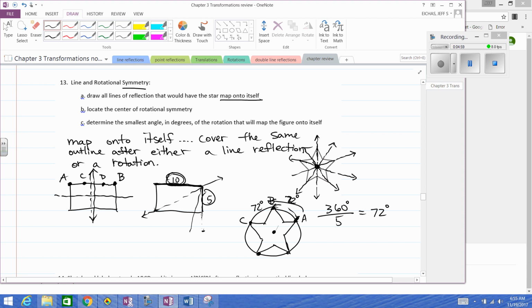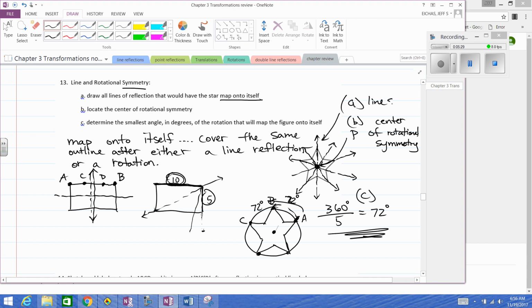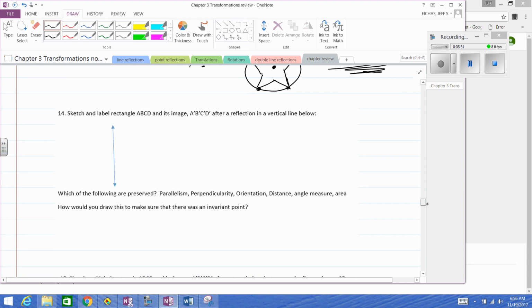That, of course, is going to be the center for your rotational symmetry, and we took care of the smallest angle, and that's the work for that. So this is the work for part C. That point P is the answer for part B, center of rotational symmetry. And of course for A, we got all those lines. Okay, so we answered all 3 parts.